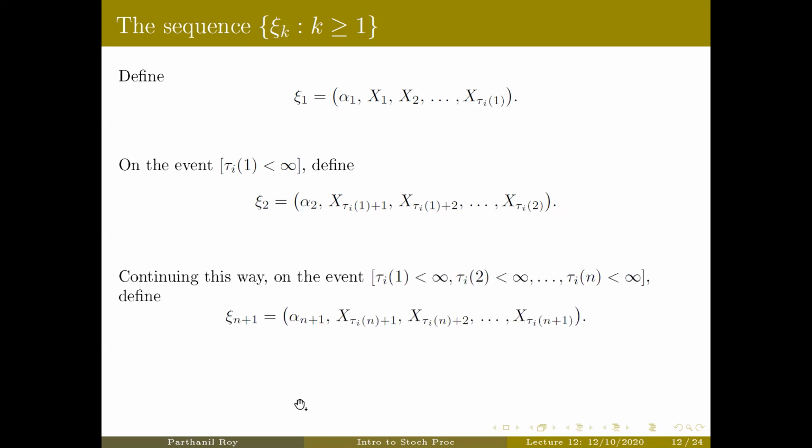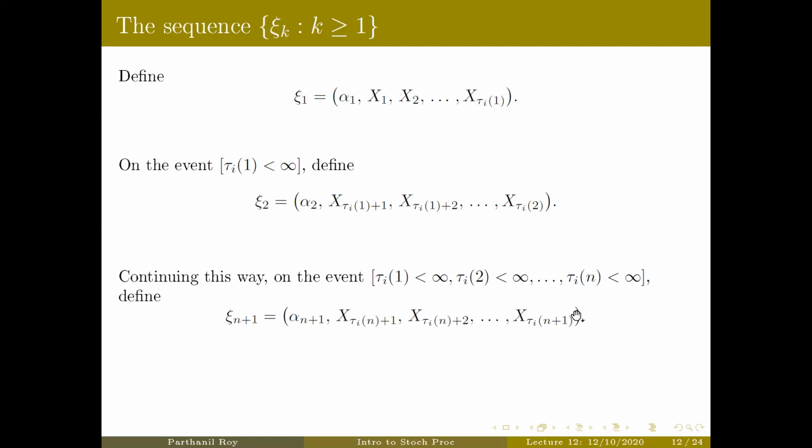We can just go on doing this, and then on the event that the first n return times are well defined and finite, we can define the n plus 1th element of this sequence, psi n plus 1, which is the vector whose first component is the length of the n plus 1th excursion, followed by the n plus 1th excursion.